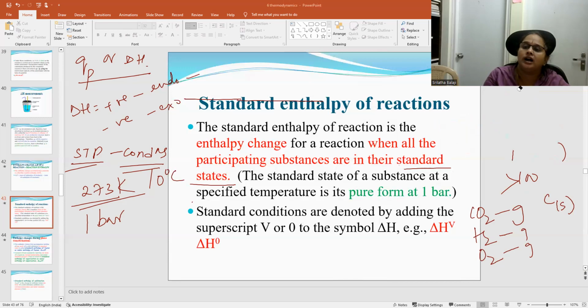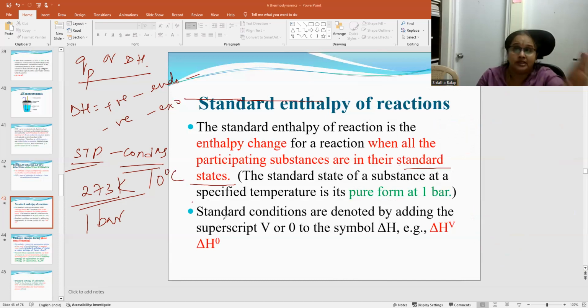This is something that you have to remember. Don't overlap this with STP temperatures. STP is totally different. Standard temperature condition is 0 degrees only, whereas standard state is 298 Kelvin. And 1 bar. Clear?